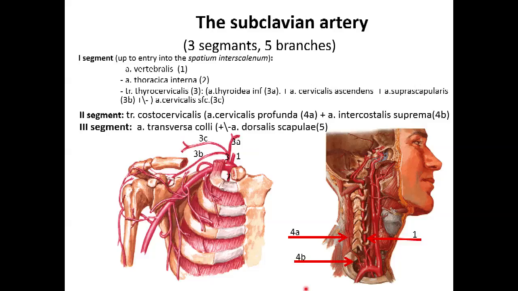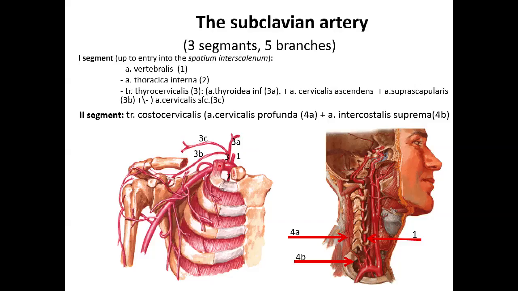And now, second segment, truncus costocervicalis. In second segment, we can find only one vessel, truncus costocervicalis. And here, in this picture, we can't find it. Why?